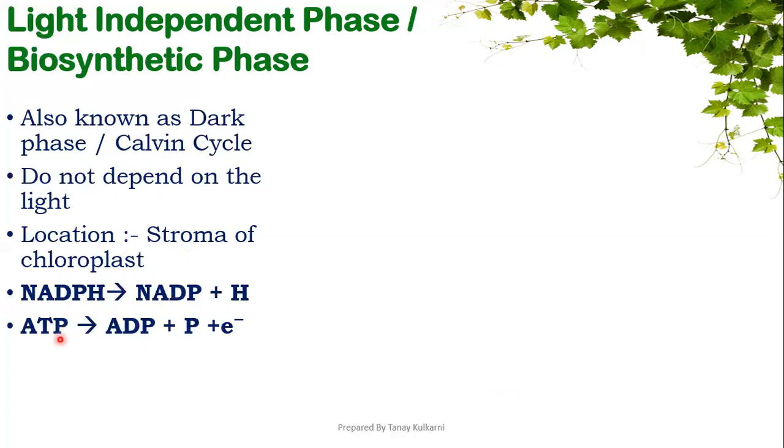NADPH and ATP, what we studied in the earlier slide, are produced in the grana. These two products leave the grana, enter into the stroma of the chloroplast, and break down: NADPH will break down into NADP plus H, and ATP will break down into ADP plus P plus electron. This hydrogen and electron, students, will be accepted by the carbon dioxide entering from the stomata.